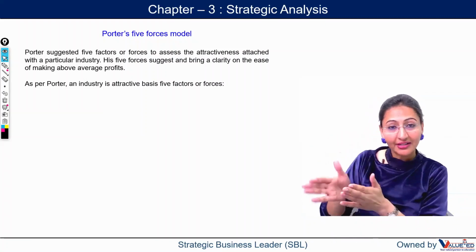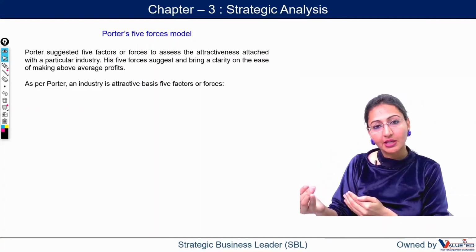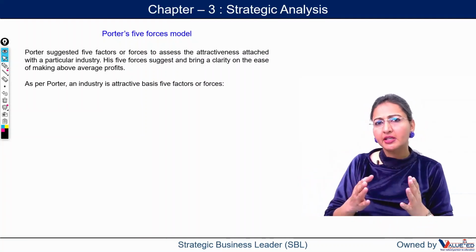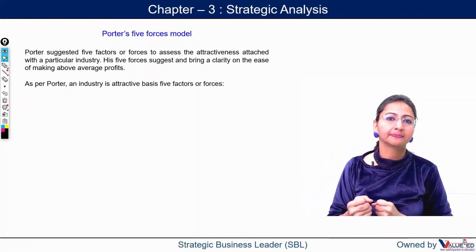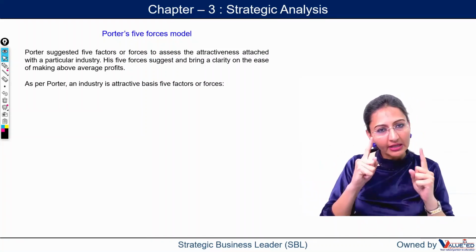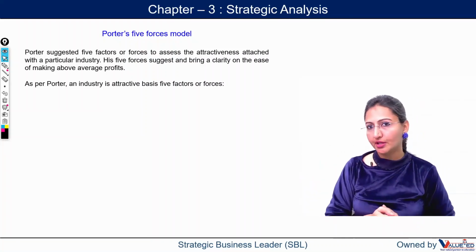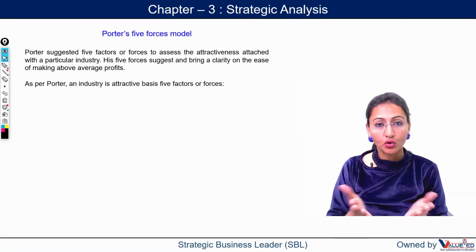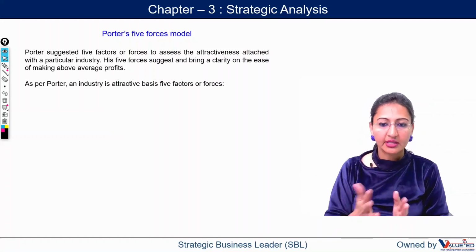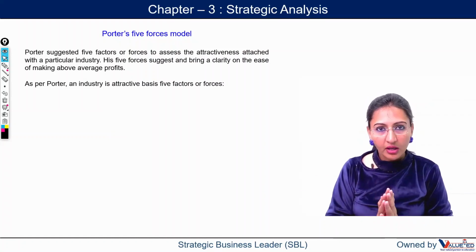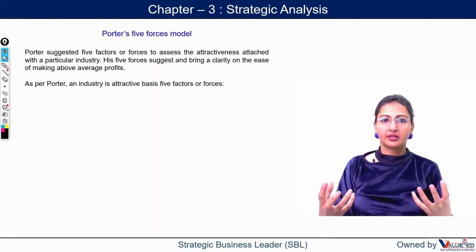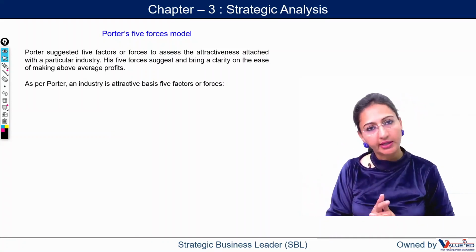This is usually adopted by companies before entering that industry, so that a cautious call can be taken. His 5 forces suggest how you can gain profits if you enter a particular industry.